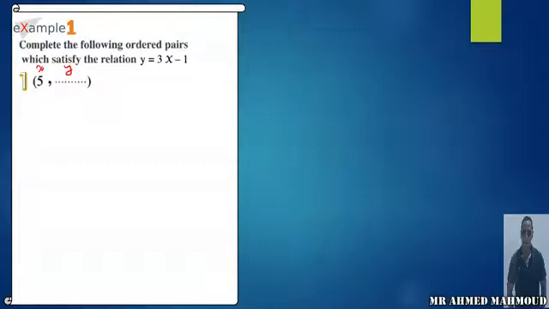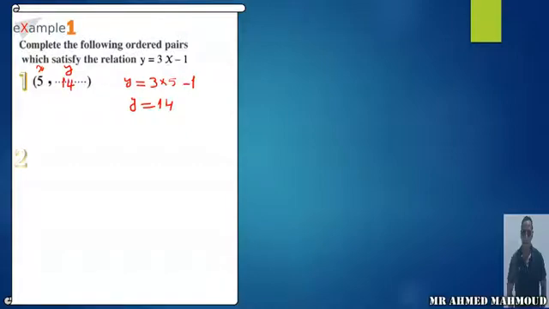Now I need y, so I will put 5 in place of x. Then y equals 3 times x, that means 3 times 5, minus 1. 3 times 5 equals 15, then y equals 15 minus 1 equals 14. So the value of y equals 14.